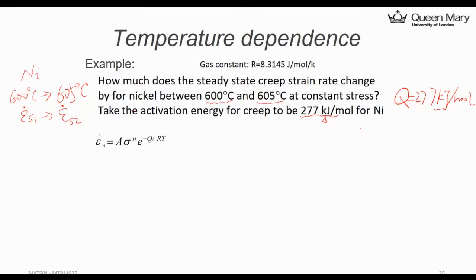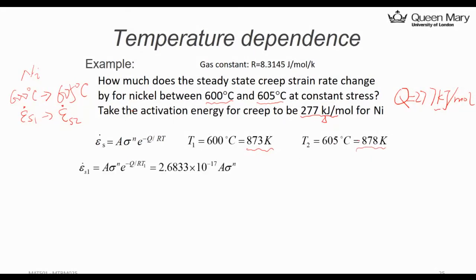And so we know this equation for the creep strain rate, as I showed here. And the first thing I recommend everyone do, the easiest thing, is to change your temperature from Celsius to Kelvin, which is T1 just plus 273, which gives you this one. And T2 is similarly 878 here.